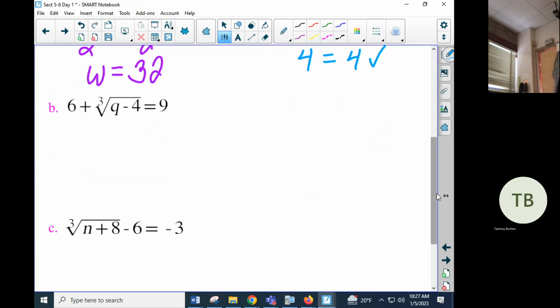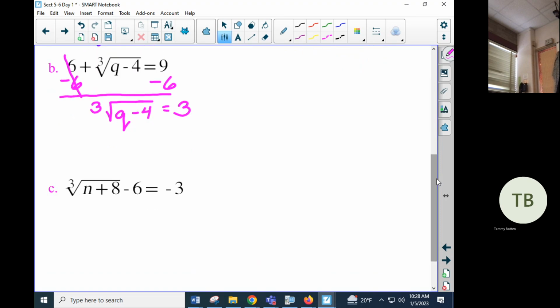Now in this one, what we would do is bring our 6 over, and that 6 is understood to be positive, so I'd have to subtract 6. These are gone, and then I have the cubed root of q minus 4 equals 9 minus 6, which is 3.